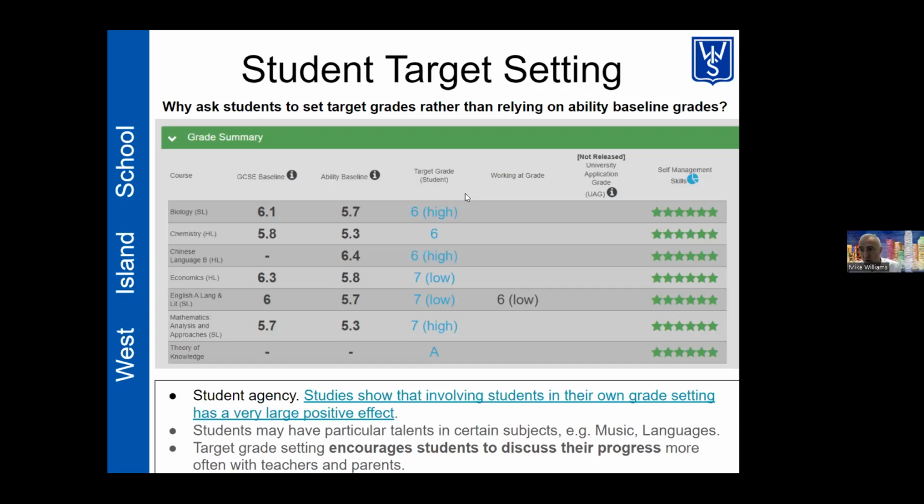And I've talked to your children about this. They have to own their grade. So if they're getting a level 5 and they say they should be getting a level 7, they need to own their grade. They need to say, well, what do I need to do to get to the level 7 I want to do? It can't just be happening to them. I'm getting a level 5 because it's my grade. It's what I've achieved. It's not because the test was too hard or the teacher didn't teach that.